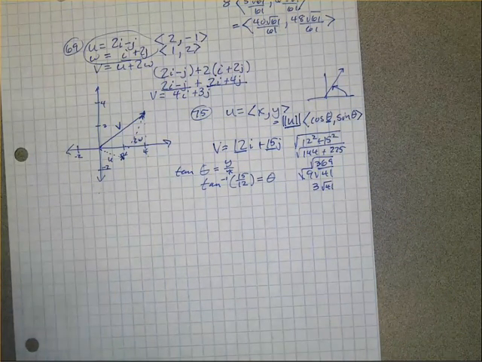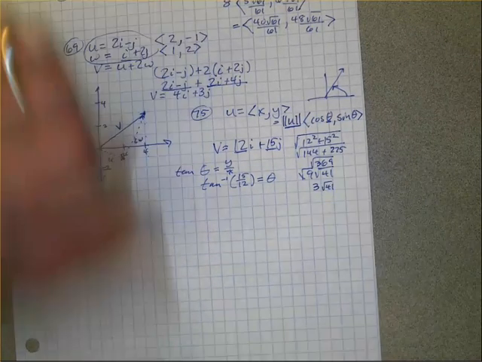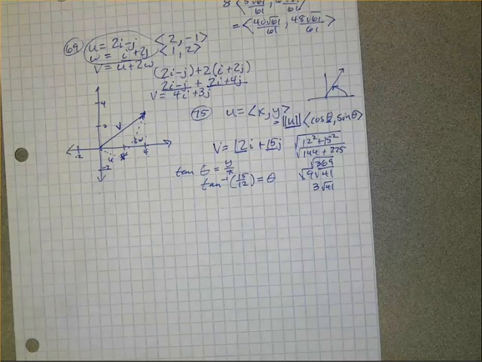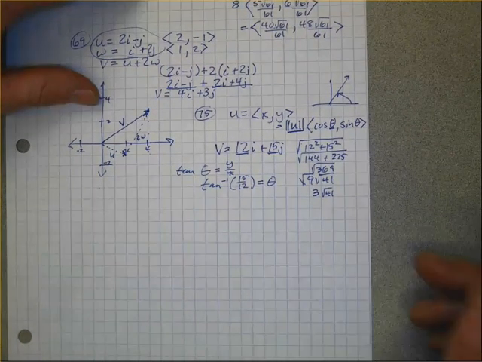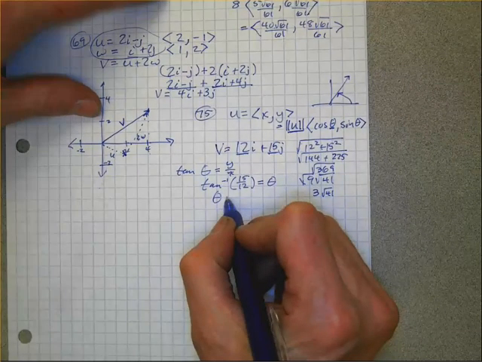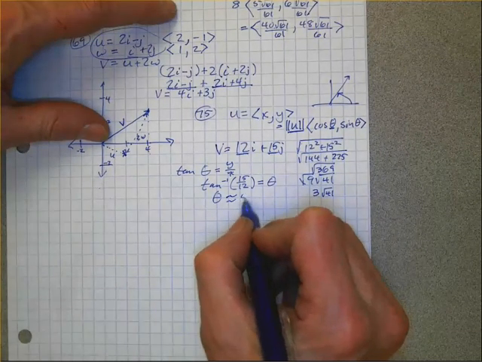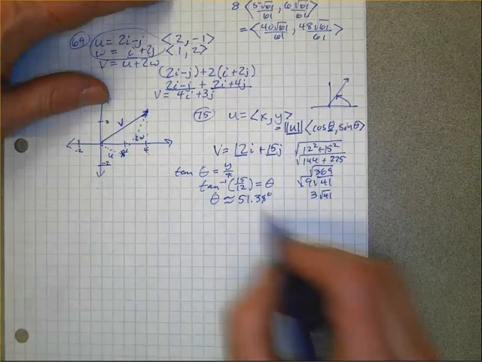The inverse tangent of 15 divided by 12 is about 51.34 degrees. And so now I know what theta is. Now I want to make sure that that makes sense.